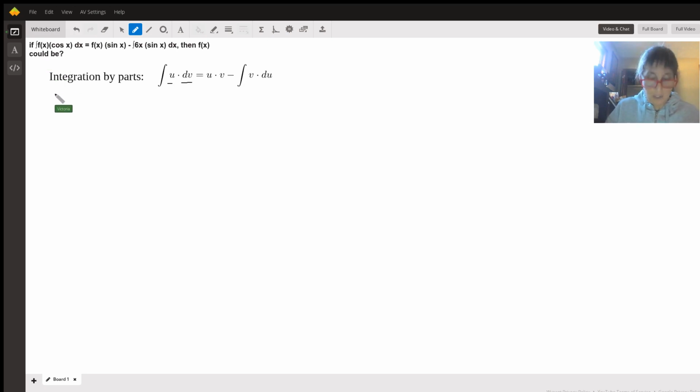So if we look at this, it looks like they have chosen u to be the first term, the f of x, that's this piece, that's u, and then this, the cosine x dx, that will be our dv.